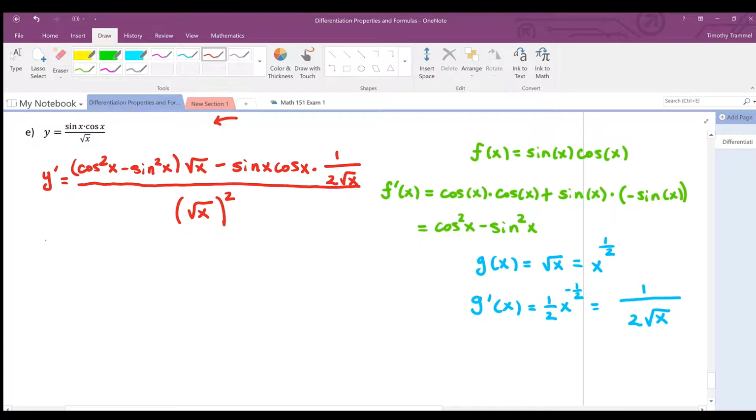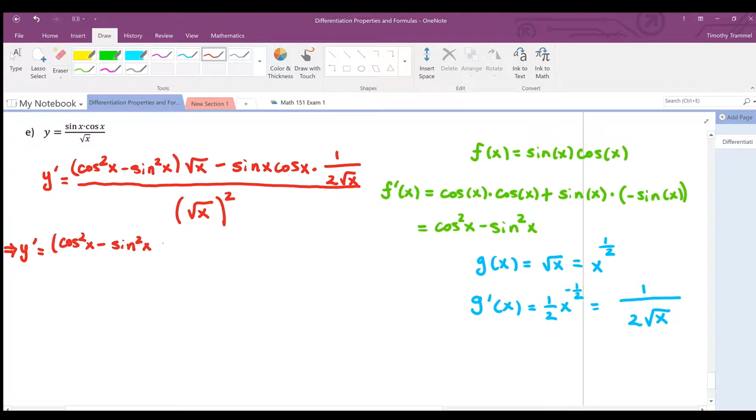Now let's try and do a little bit of simplification. And what I'm going to do is I'm going to multiply both the numerator and denominator by 2 square root of x. And the whole point in that is so that we don't have this fraction in the numerator anymore. Okay. So let's do that. We're going to have cosine squared of x minus sine squared of x.